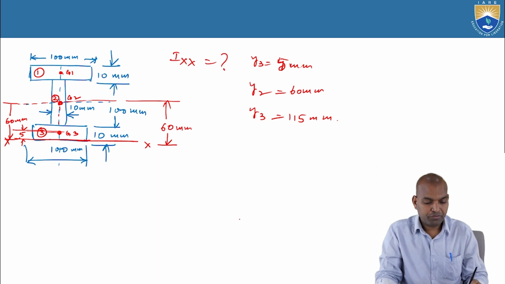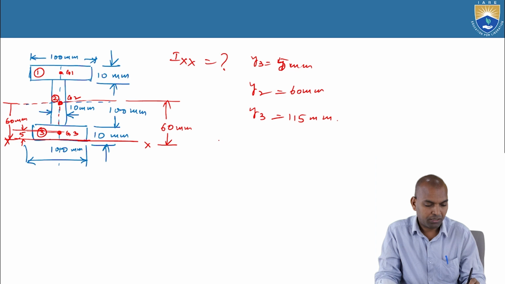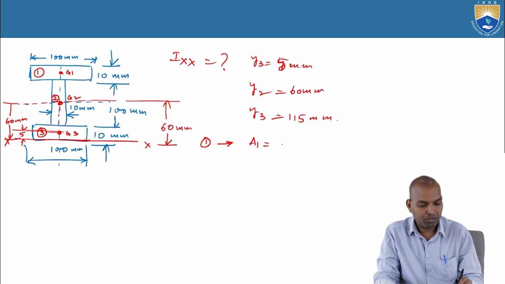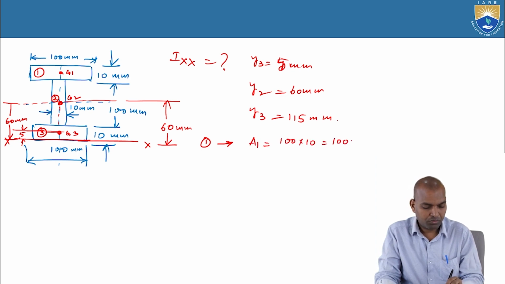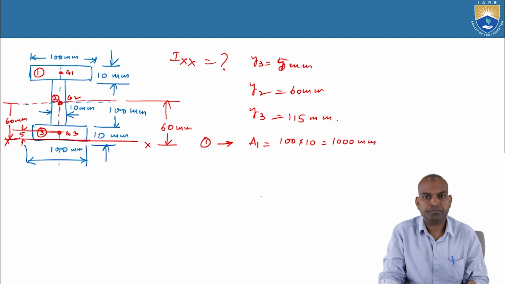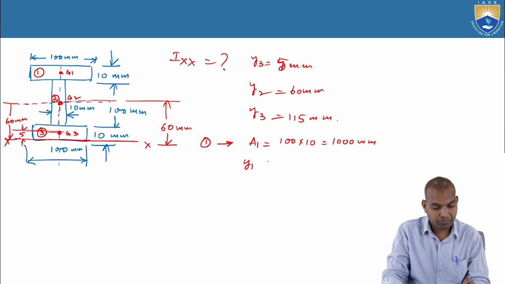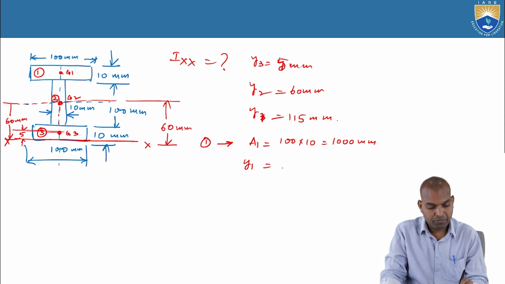Now we have to find the moment of inertia. For section 1, area A1 equals 100 into 10, that is 1000 square millimeters, and Y1 equals 115 millimeters.